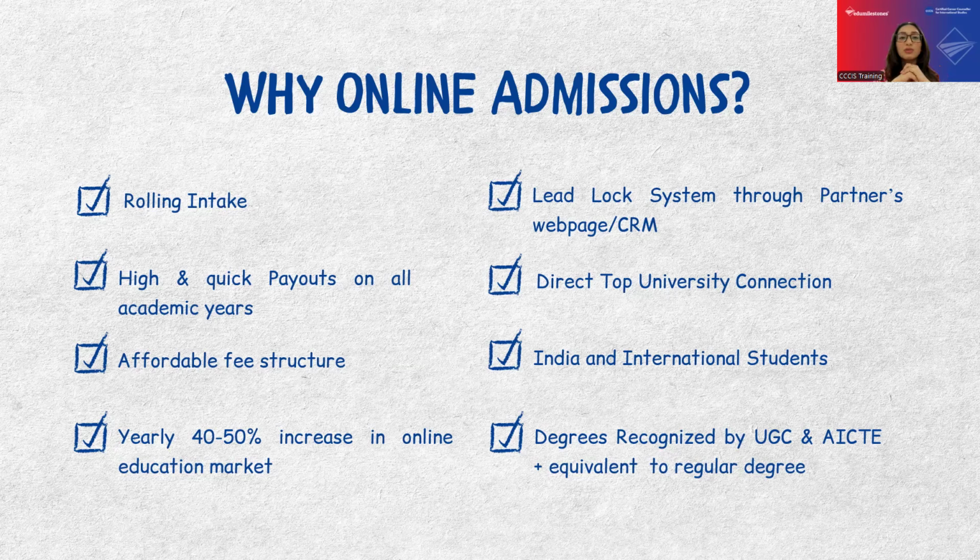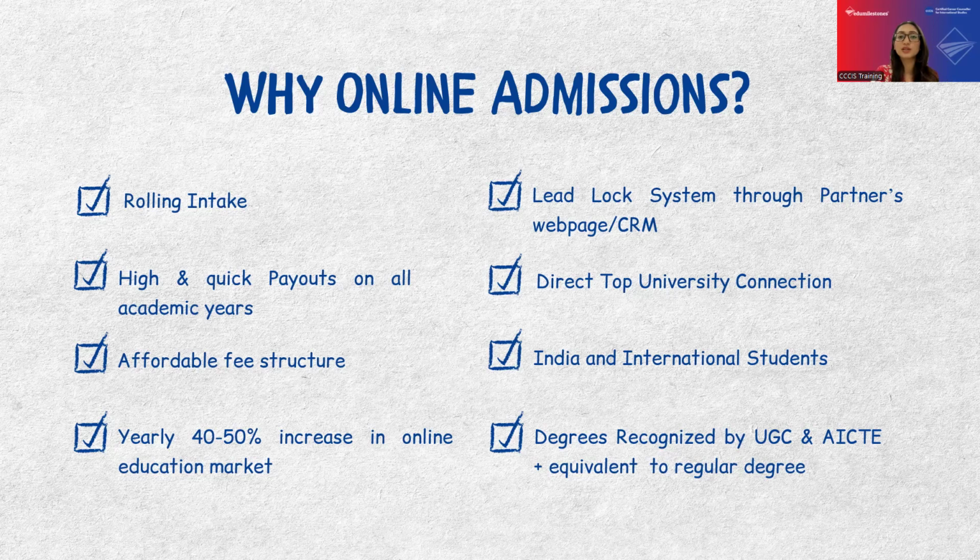The best thing about the online admission process is that a lead lock system is there. Now, what is lead lock? Lead lock means whenever a student registers through your platform for any university for online admission, the student's information will go into the university's database through your CRM.